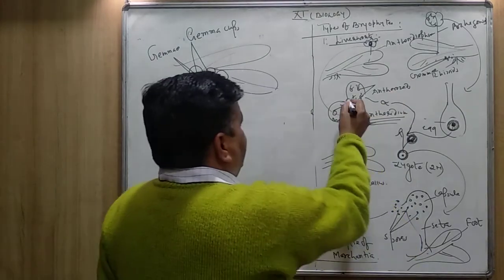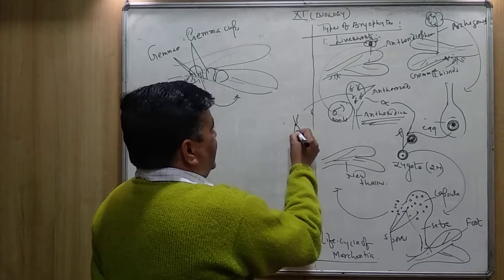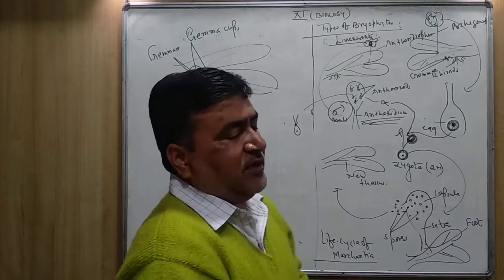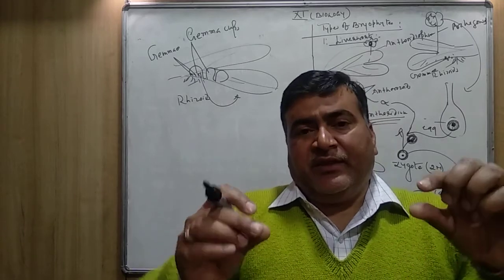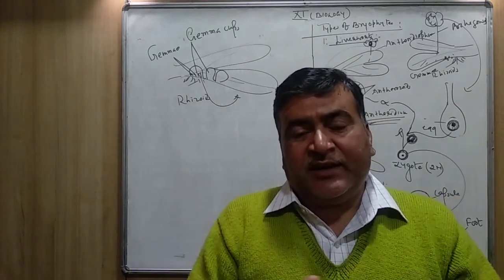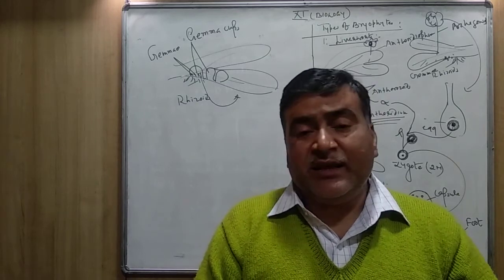And the antherozoids are biflagellated. It just looks like the sperm. It is biflagellated. Two flagella are there. It is called male gamete.